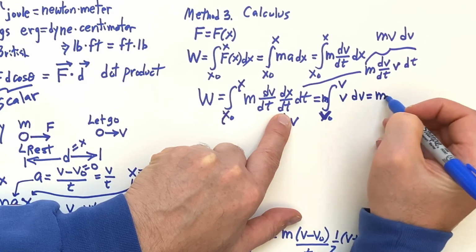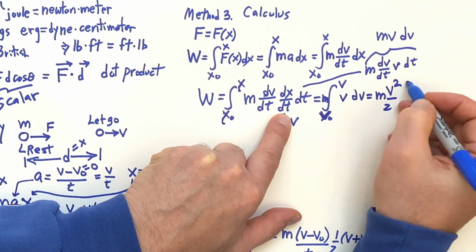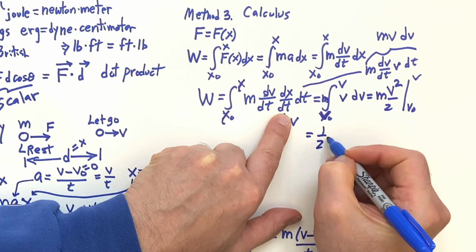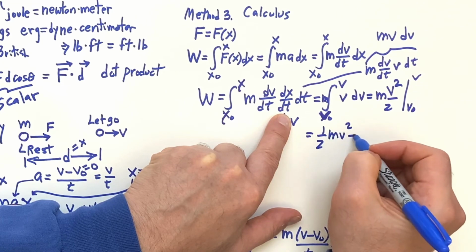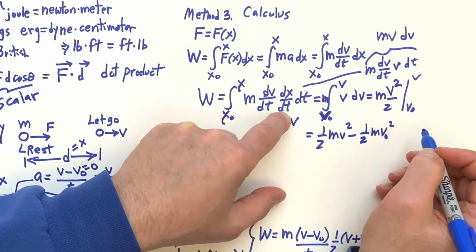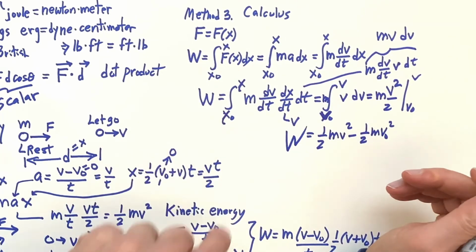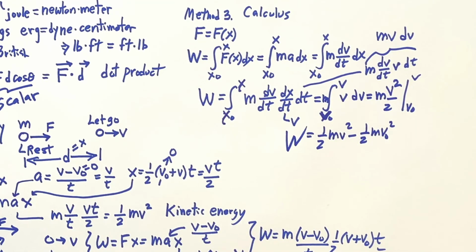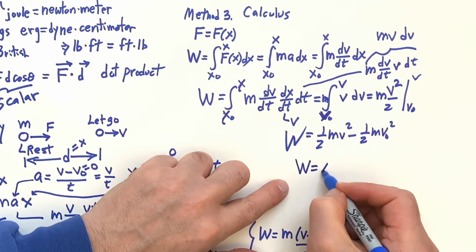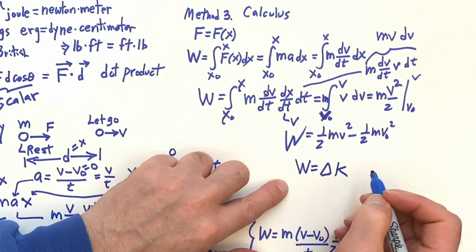And if we integrate this, we get v squared over 2 from v naught to v. And we get the same results we did before, 1/2 mv squared minus 1/2 mv naught squared. Isn't that nice? So there's 3 derivations here, or 3 methods to arrive at this kinetic energy, and that the work is equal to the change in the kinetic energy.